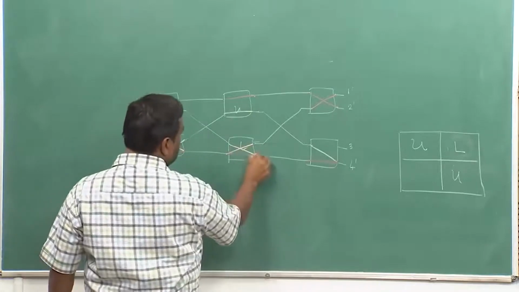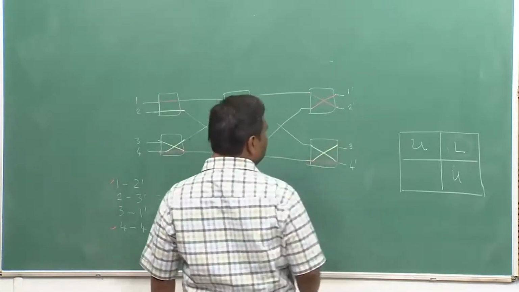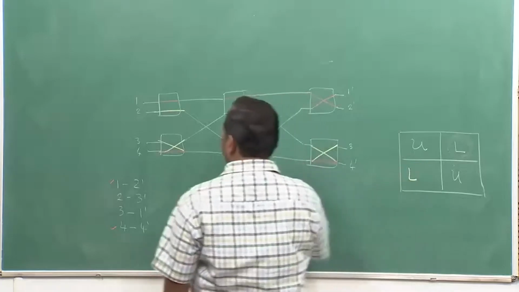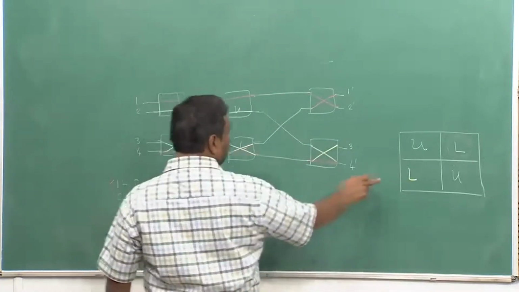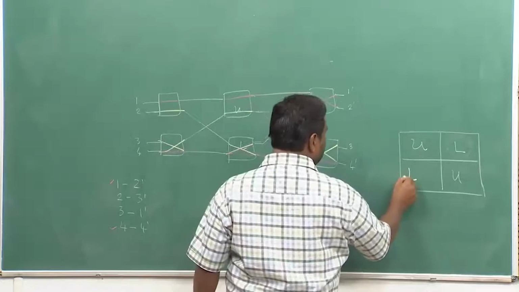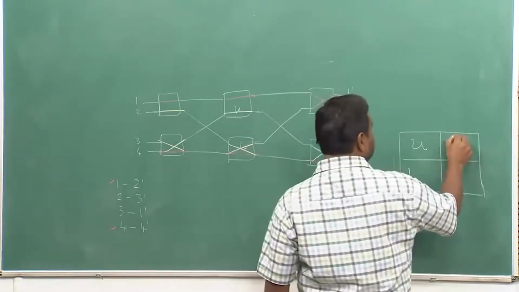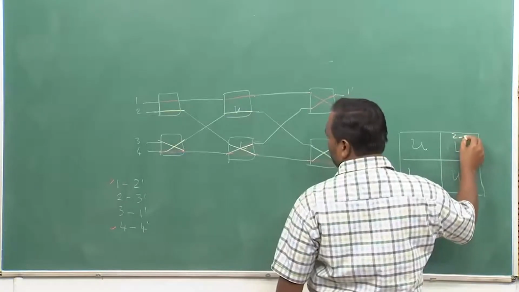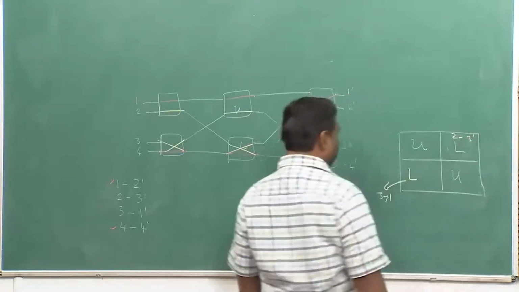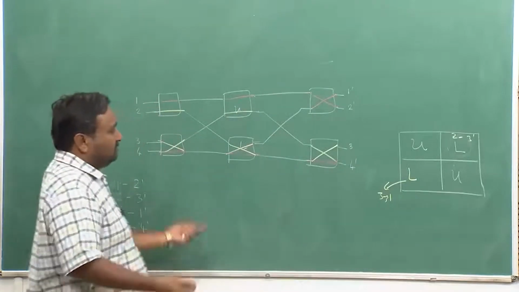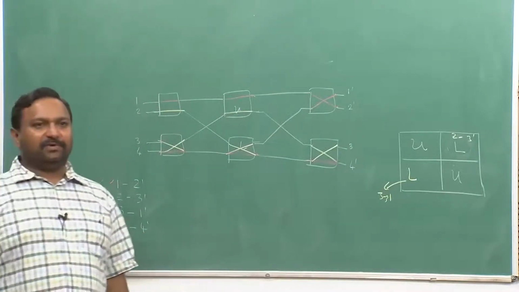And 3 to 1 corresponds to here, and this is 2 to 3 prime. Okay, so this is again the same technique which is being used.